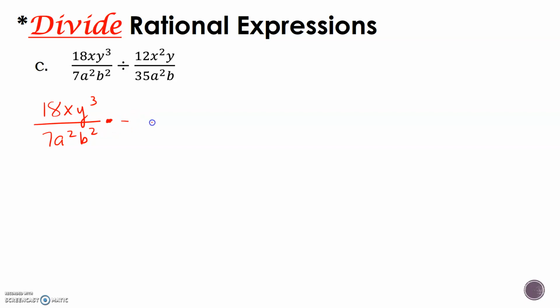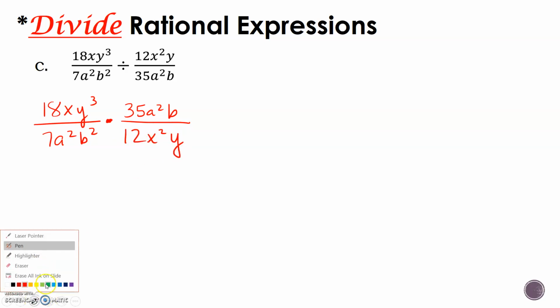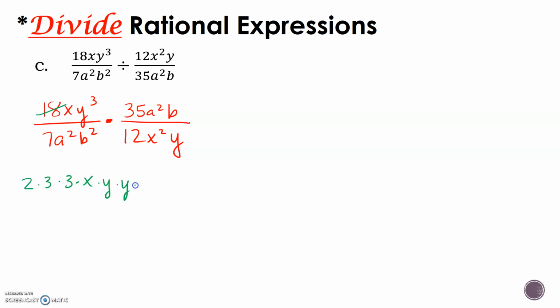Okay. With dividing, you're going to keep, change it to multiplication, then flip the second fraction. Okay, now you factor. If you do not see plus or minus signs, you can simply factor 18 down to its prime numbers, which the factors of 18, 2 times 3 times 3 times x times y times y times y.